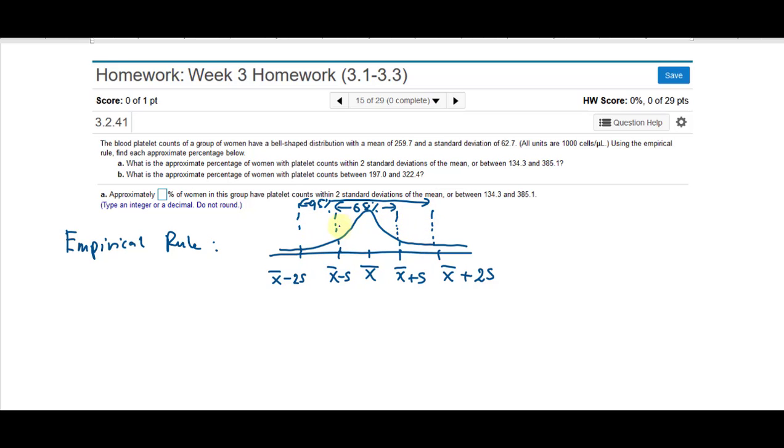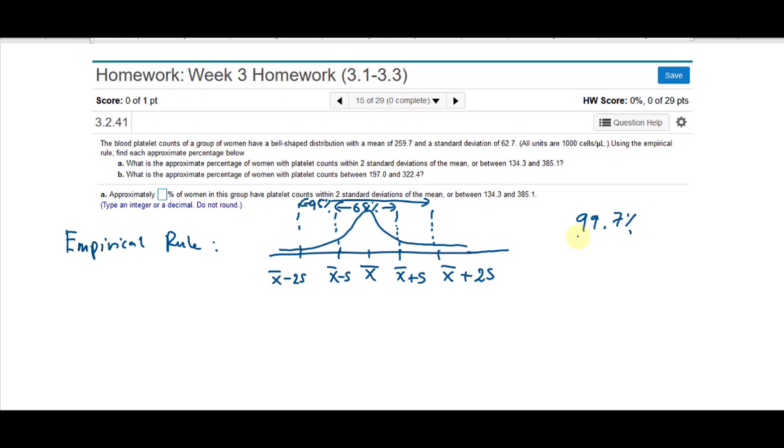So within one standard deviation, there are 68% of the data. Within two standard deviations, we have 95% of the data that you could see here. And then for one more standard deviation, 3 standard deviations, you would have 99.7%.